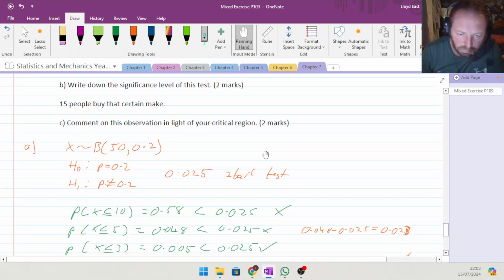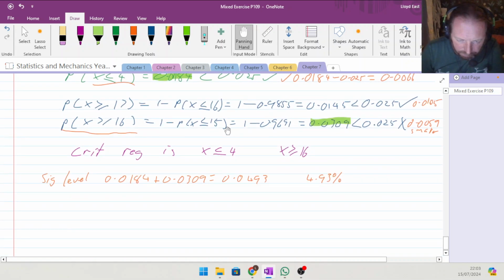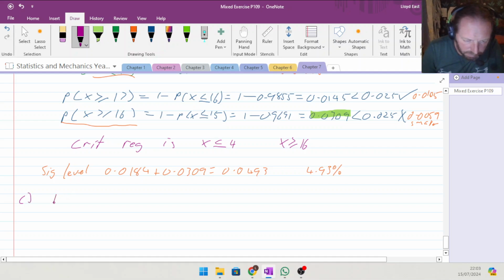And finally, 15 people buy that certain make. Comment on this observation in light of your critical region. Okay, so 15 people is not in the critical region.